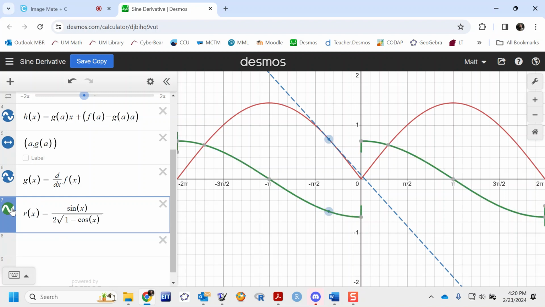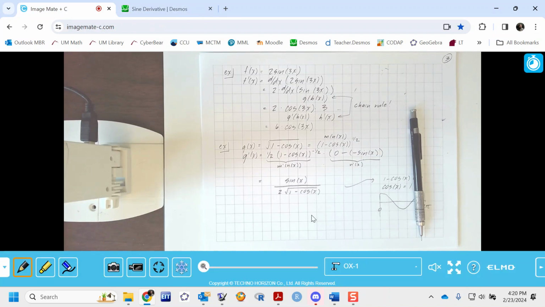So sure enough, that function, which we could have probably never guessed at just looking at this, a much harder function to sort of wrap our hands around, does pop out if we use the correct derivative procedures. All right, so I feel pretty good about that. Looks like we must have done the right thing there.